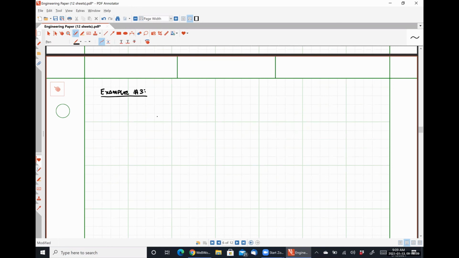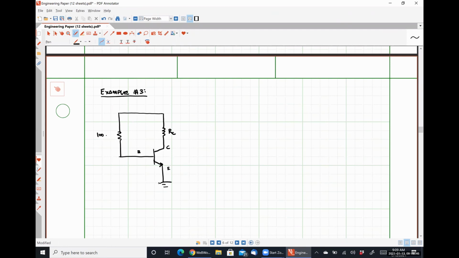So let's say that we have the following circuit. Here's emitter, collector, here's our base.